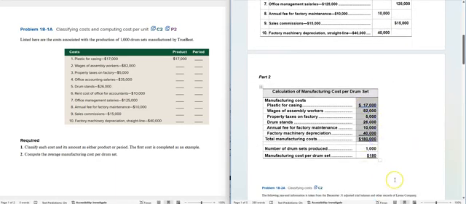Total manufacturing cost incurred to produce 1,000 drum sets. So if they incurred factory related cost of $180,000 to produce 1,000 drums, 180,000 divided by 1,000 means it costs them $180 per drum set. Now we have the average manufacturing cost per drum set.